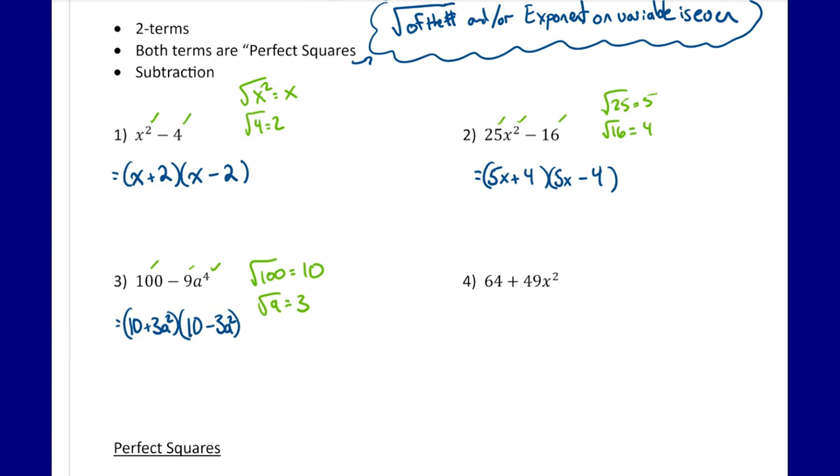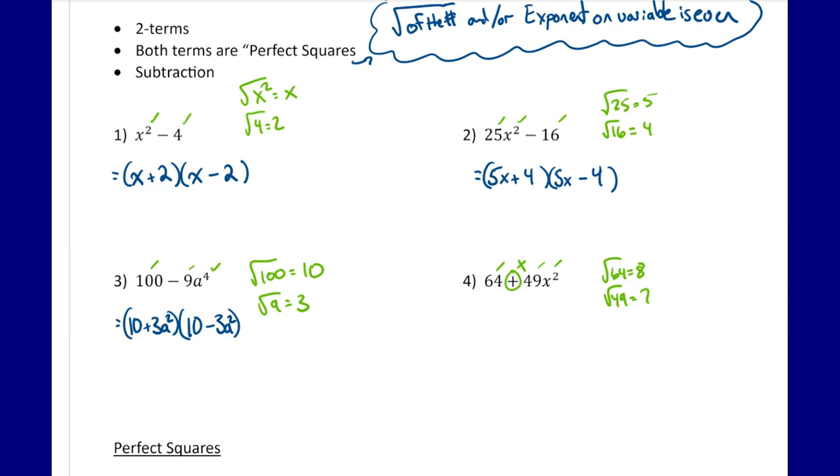For number 4, we have two terms. We have an addition, not a subtraction. So even though square root of 64 is 8, square root of 49 is 7, x squared is an even exponent, even though that all works, because the sign is addition, we cannot factor.